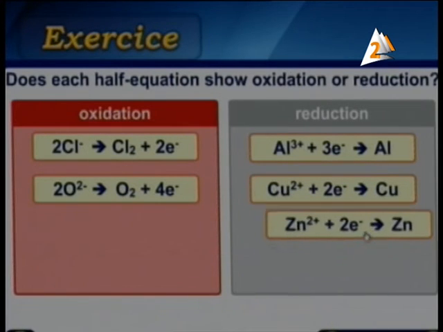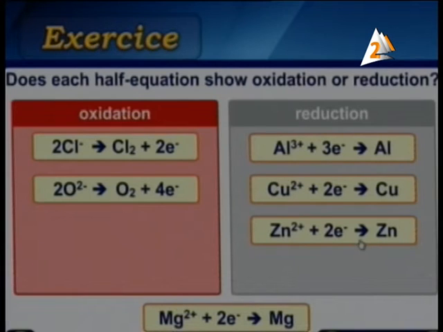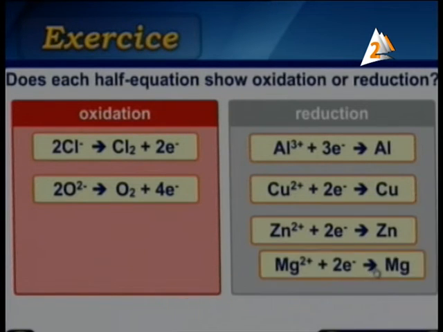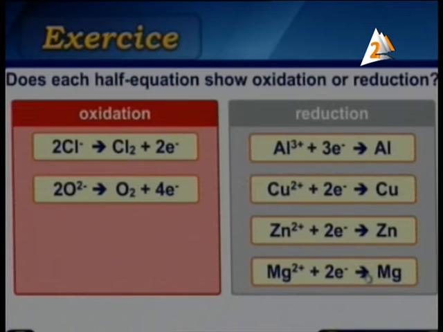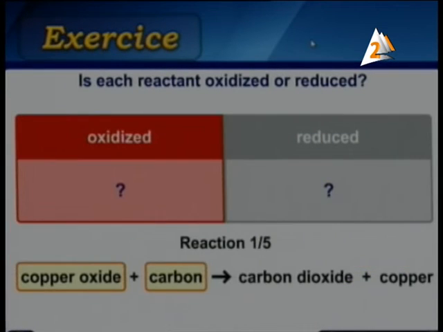It is like the first one before. Here it is reduction. What about the magnesium? Magnesium looks like aluminium, copper, zinc, and so on. So we'll say it's a reduction. Good and great. Look at my level. You have oxidation, oxidizing agent, reduction, reducing agent.